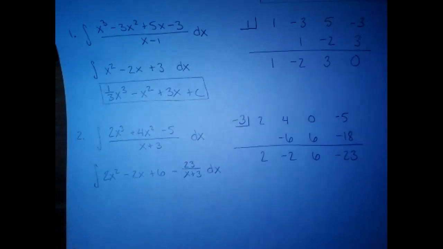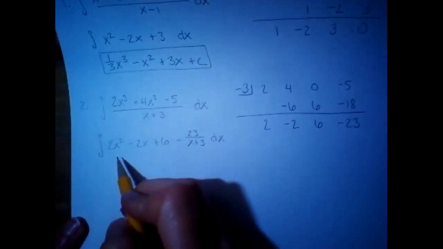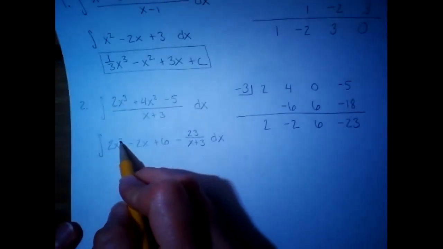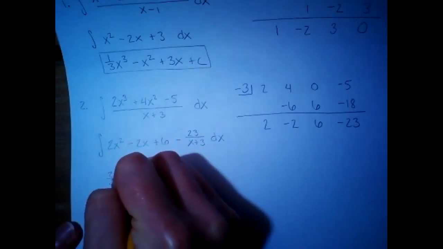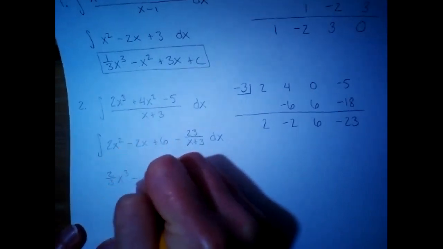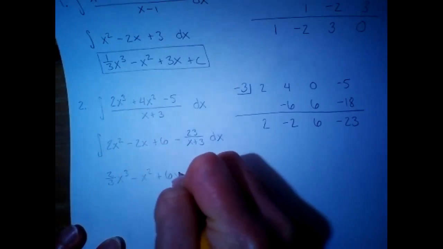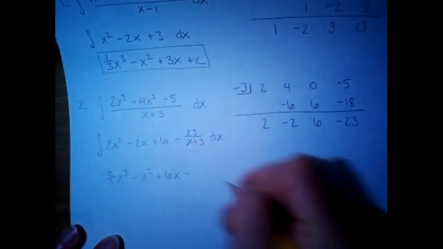And then so you have that one extra step, actually do the antiderivative. So this would be 1/3 x cubed, but there's a 2 there. So it will be 2/3 x cubed minus x squared plus 6x, and then minus.